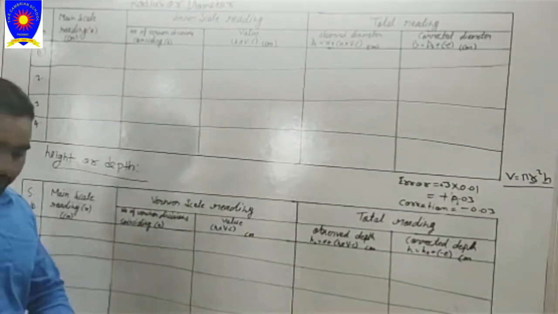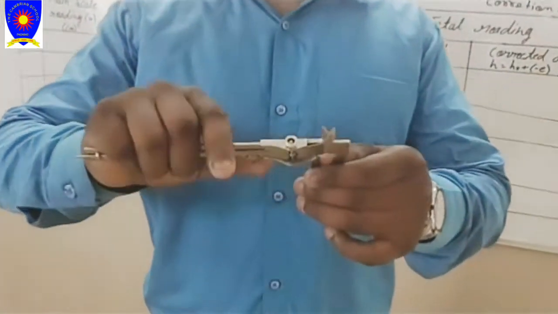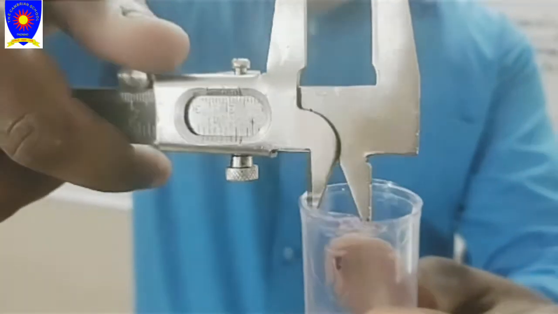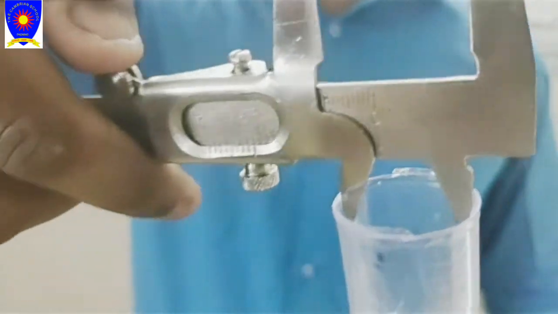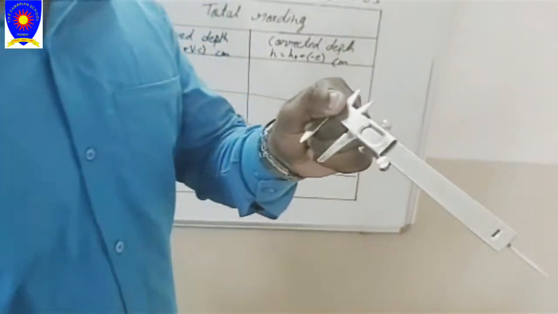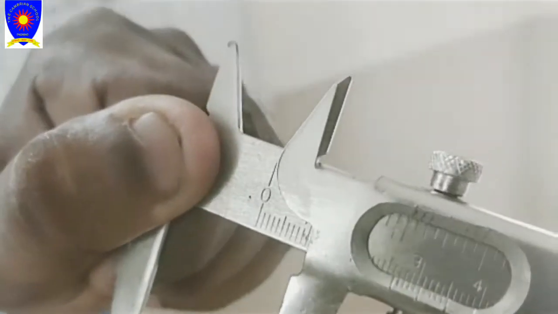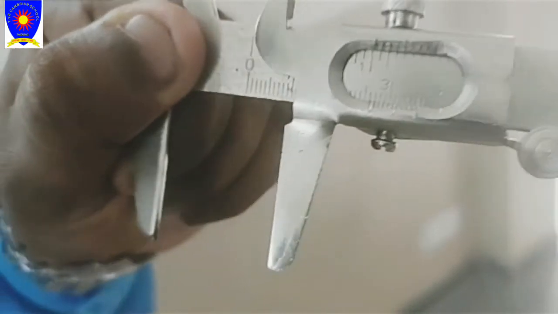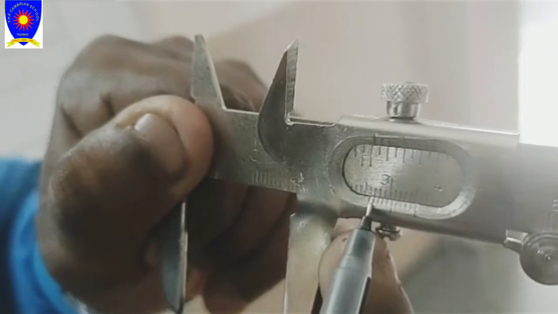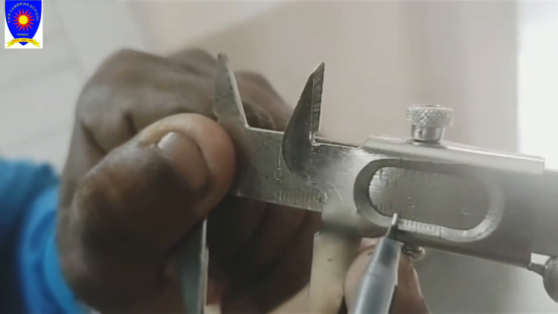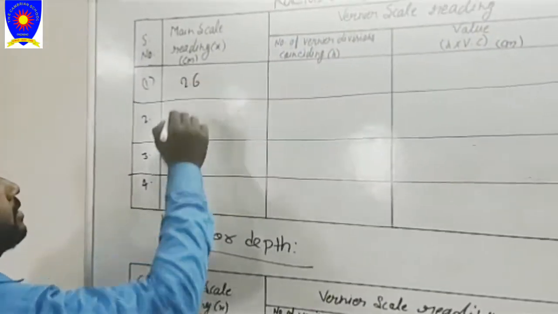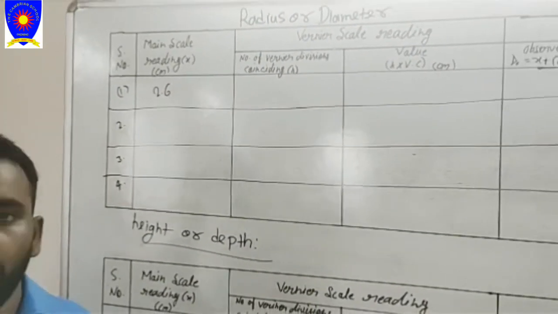Now set its outer jaw inside the given cylindrical body like this. Now remove this and take its reading. We see that its main scale reading is 2.6. So write here 2.6. All readings are in centimeter.